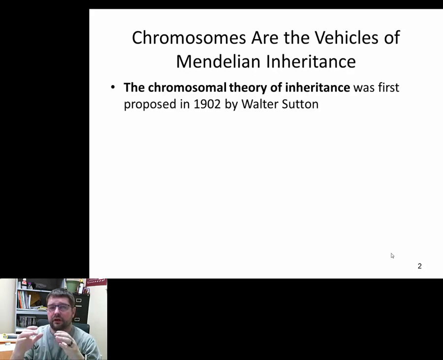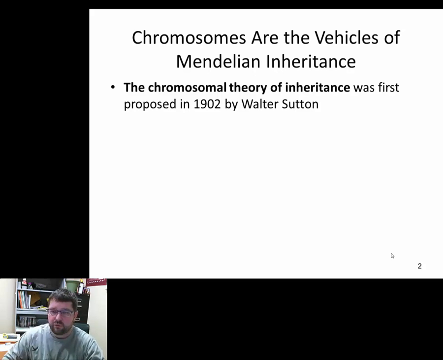He came around and did some research to figure out what individuals are actually inheriting. Mendel was saying they're inheriting characteristics. We later said that these characteristics are genes, but what's the actual mechanism of inheritance?